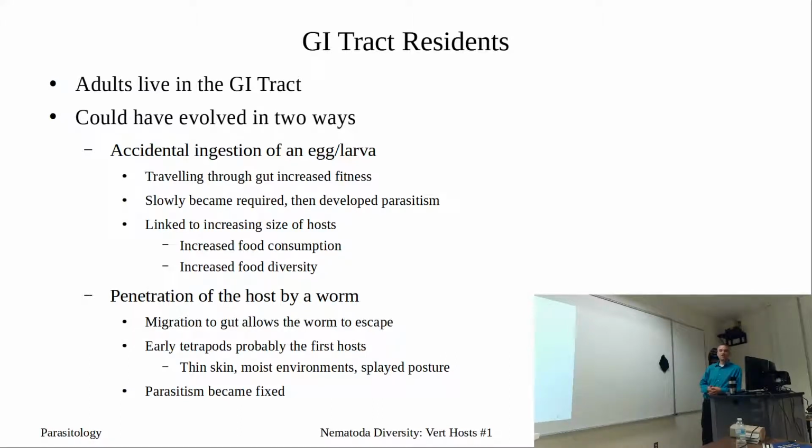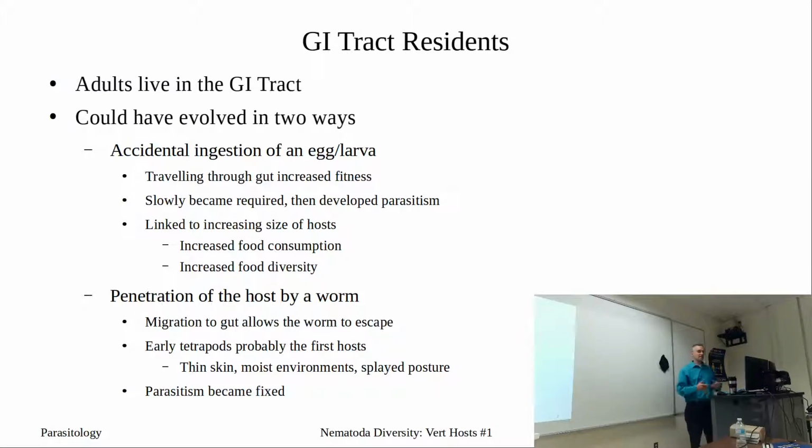Early tetrapods were associated with water. They typically had thin skin. Think more of an enlarged salamander. All right, thin skin, easy to penetrate. You're in moist areas because you need that moist environment. It's not because of the host itself, but because the worms can't dry out. So it's thought that these early tetrapods could have been the first hosts for parasites that exhibit this type of pattern.